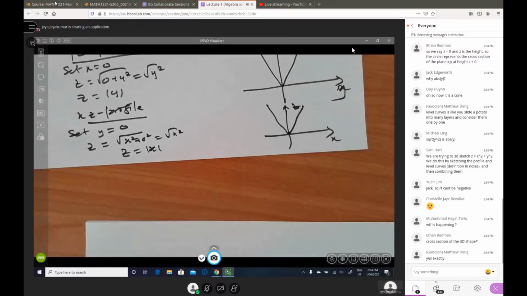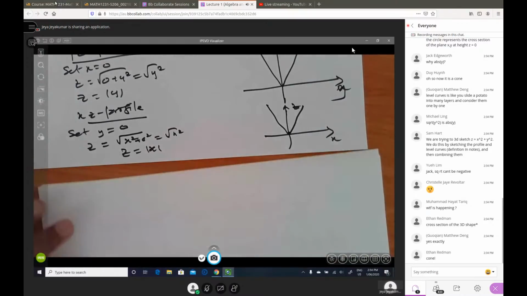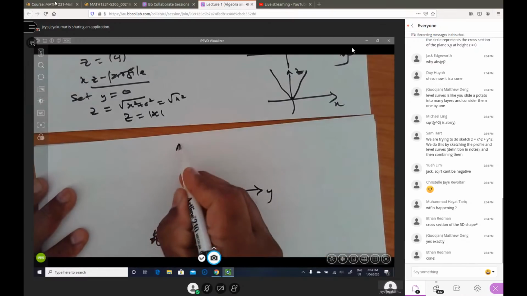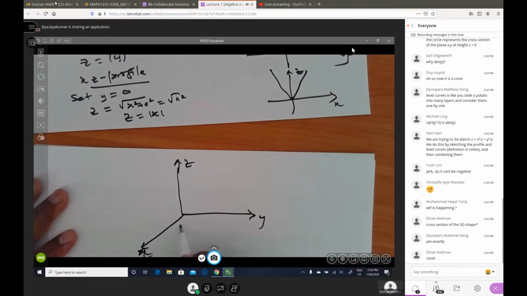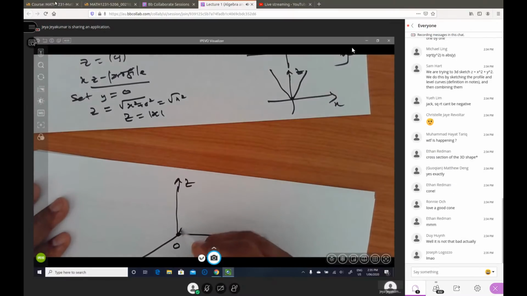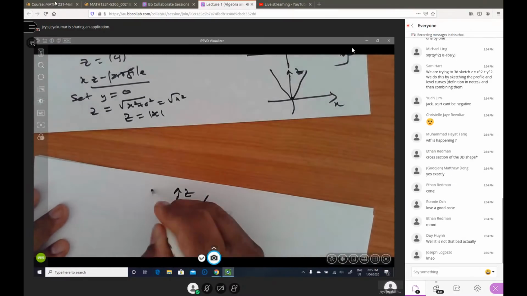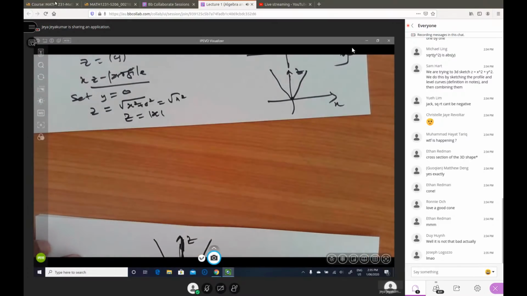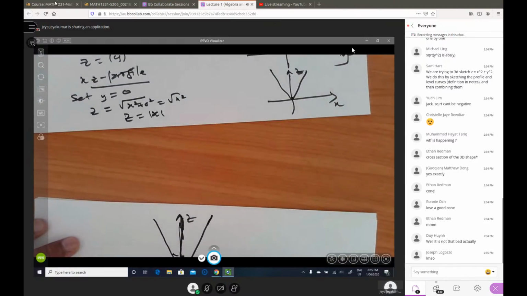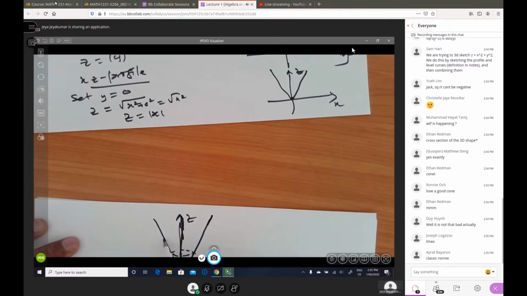That gives you the surface in 3D, with axes x, y, z. Initially, when z equals 0, in the xy plane, it is a point, and then the yz profile is a curve like that, and z equals 1, you have a circle, and z equals 2, you have a circle, and so on.